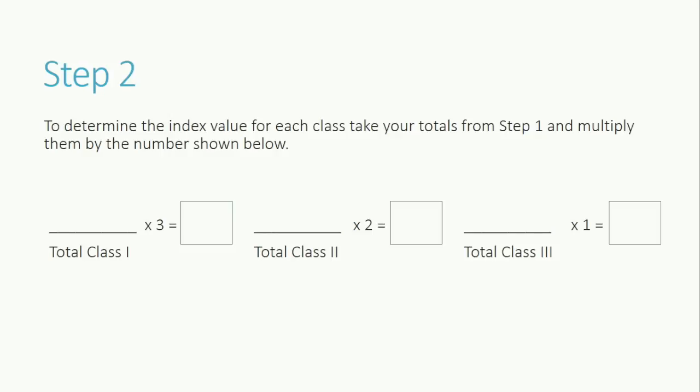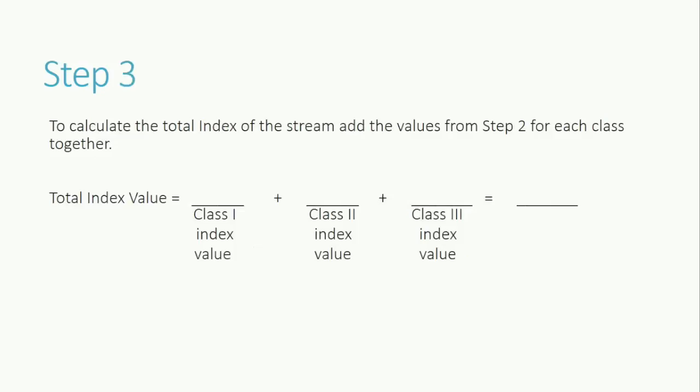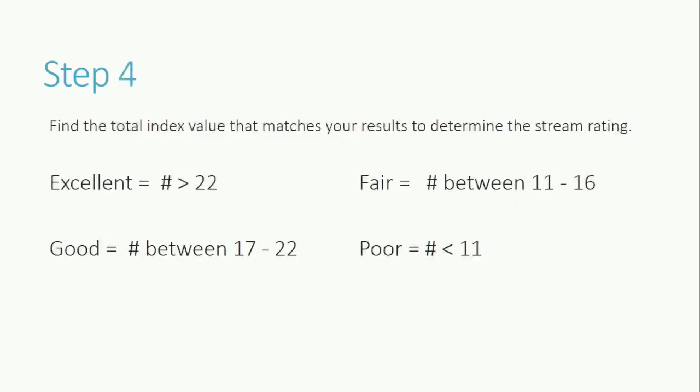Sensitive species indicate a healthier stream and therefore a higher score, so sensitive species have more weight. For step 3, add together the index values calculated in step 2 for each class to get the biotic index score. In the last step, we categorize the score you calculated to understand how healthy the stream is. A score below 11 means the stream is very unhealthy, while a score above 22 is a very healthy stream.